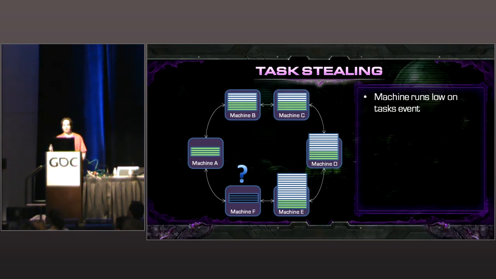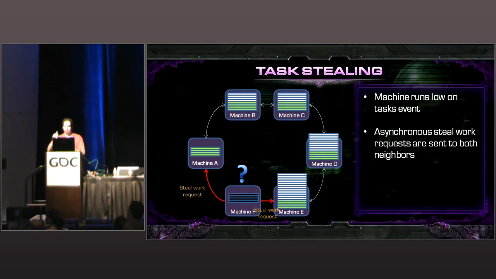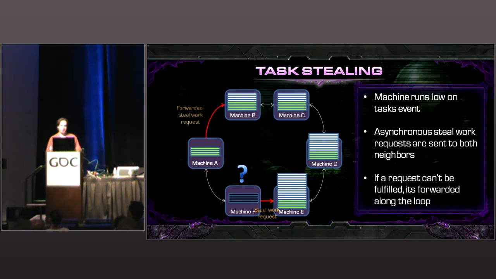So here's an illustration of work stealing. A machine runs out of work, at which point it sends a request to its two neighbors. And then if a machine can't fulfill a work request, it forwards that request along the loop.